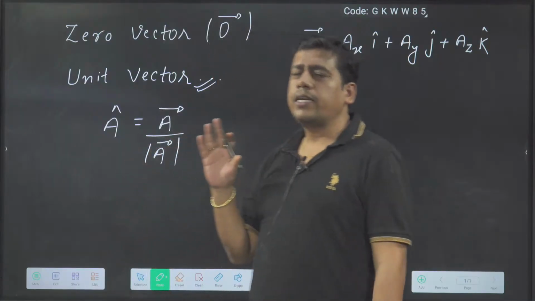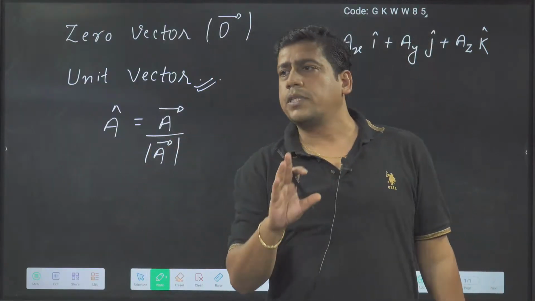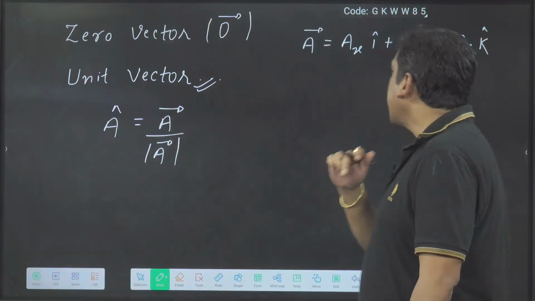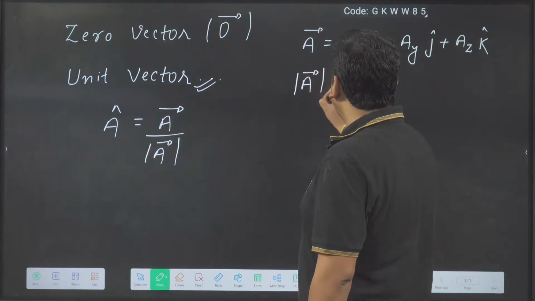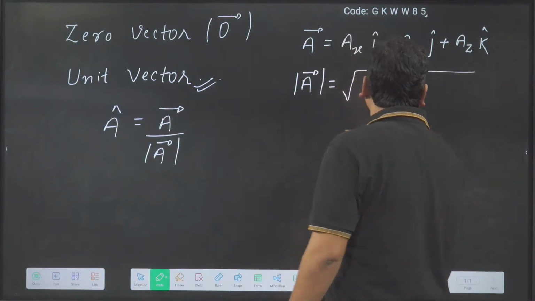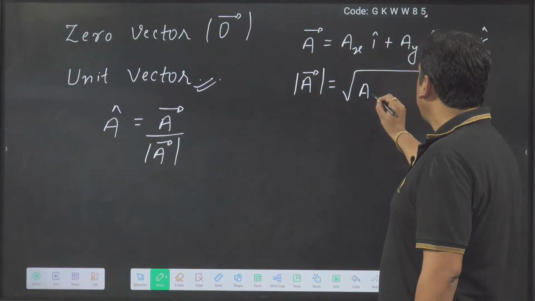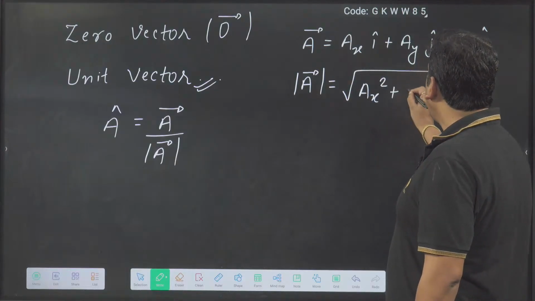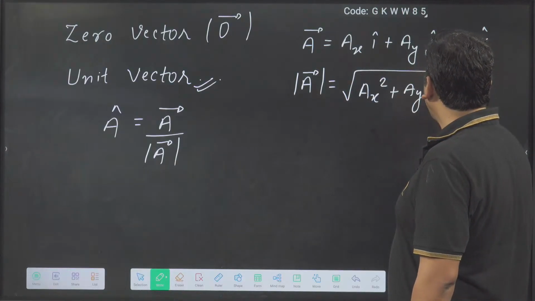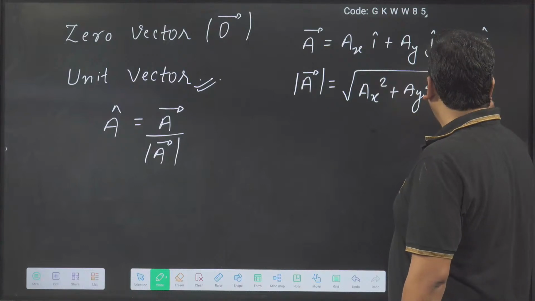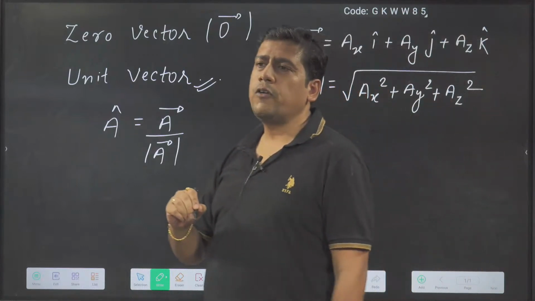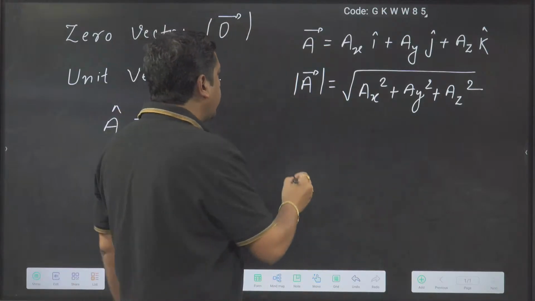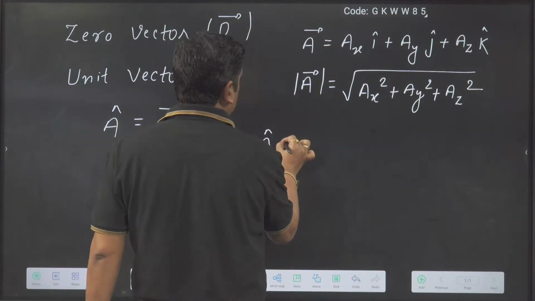Just remember, any vector we can write as something i cap plus something j cap plus something k cap. Then its magnitude we write as under root ax square plus ay square plus az square. And if you divide these two, you will get unit vector.